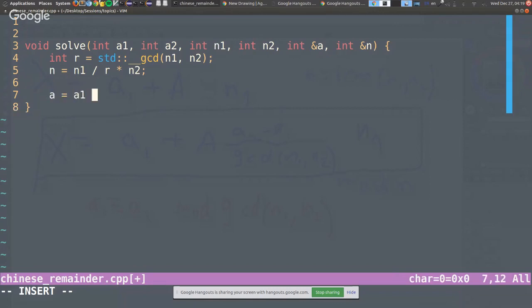So A is equal to A1 plus this prior value times A mod N1.